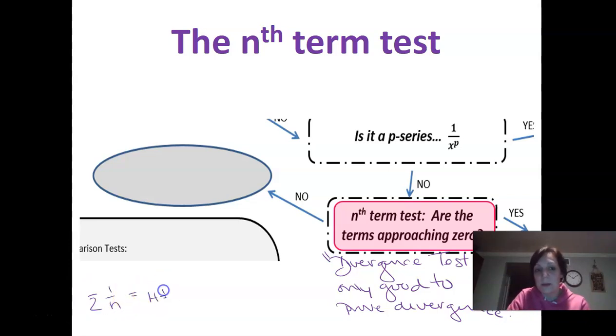That's 1 plus 1/2 plus 1/3 plus 1/4, and so on. The terms are approaching 0. It's not converging. People tend to think that as long as the terms are approaching 0, that's convergence, moving on. No, they can be approaching 0. They have to be approaching 0 fast enough.